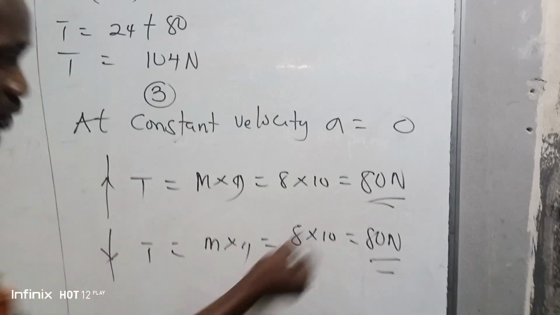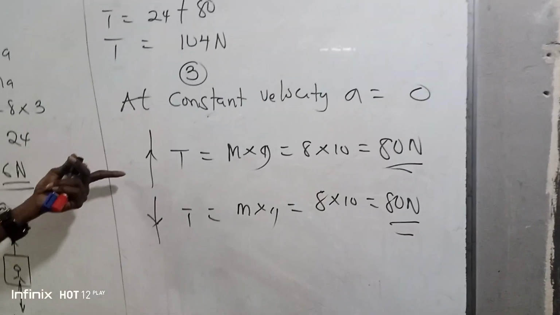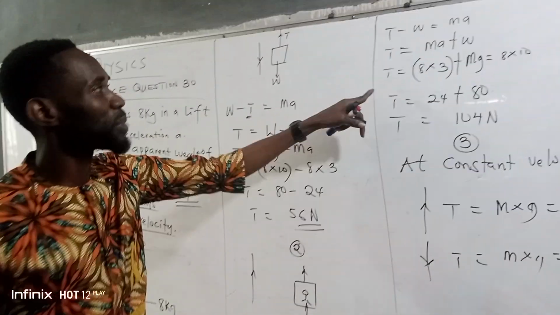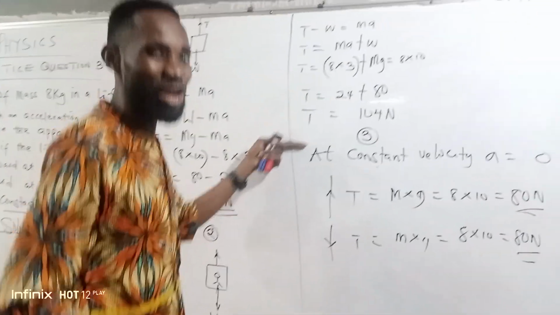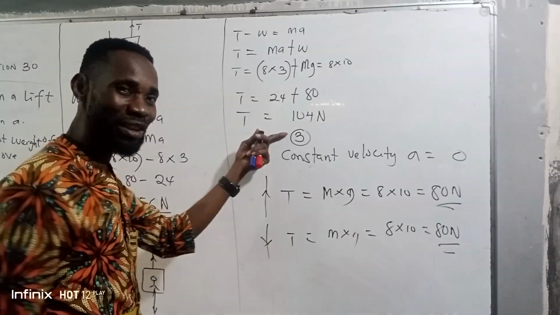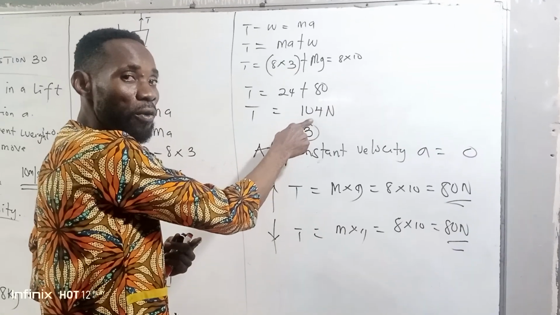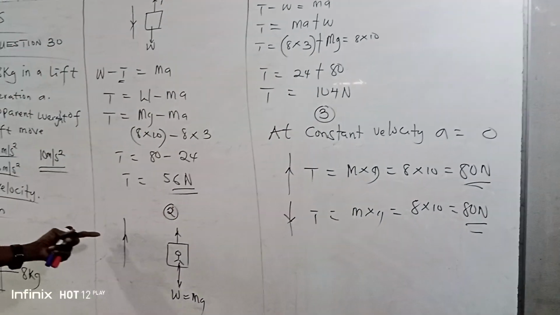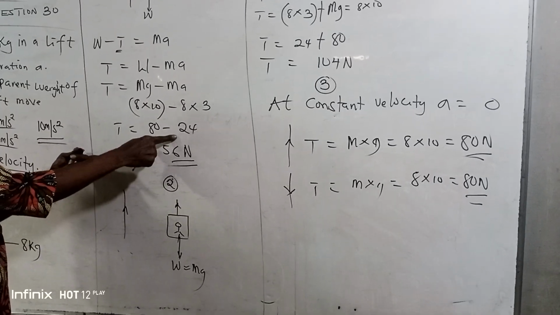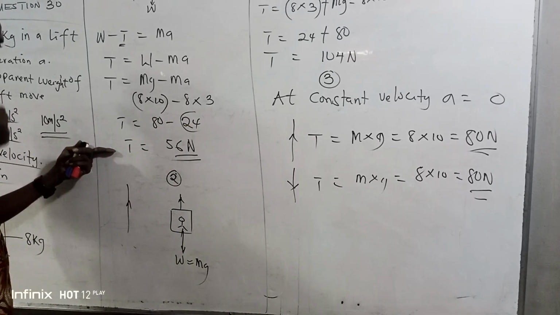We describe this situation as weightlessness. So it means that in a lift motion, when an individual accelerates upward, a certain amount, mass times acceleration, is added to the weight of the person, 80, and that is 104. When it is coming down, acceleration times the mass, which is 24, is subtracted from the weight.